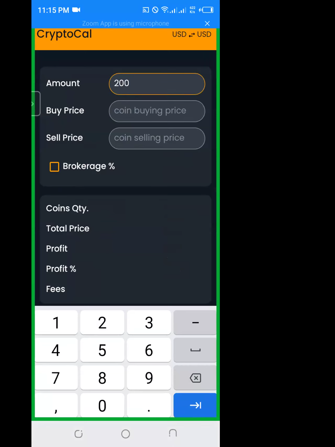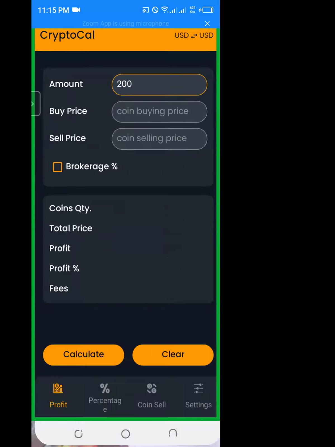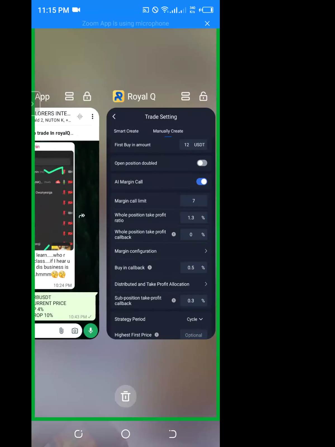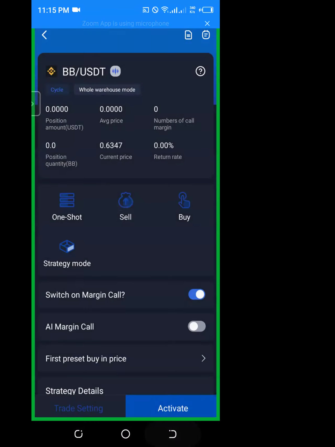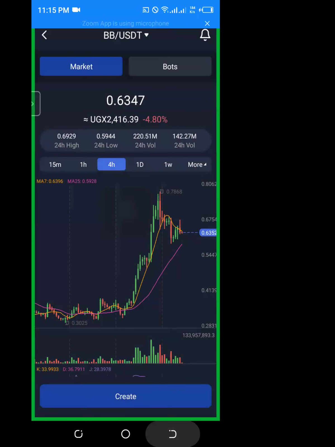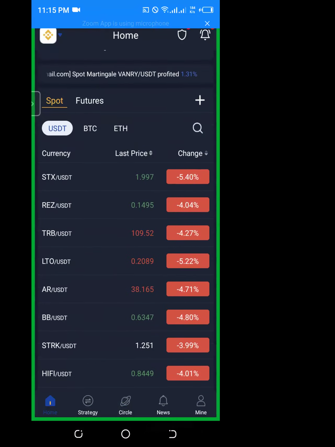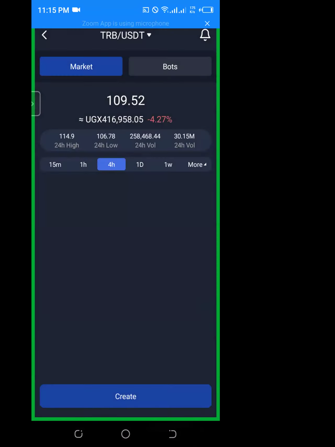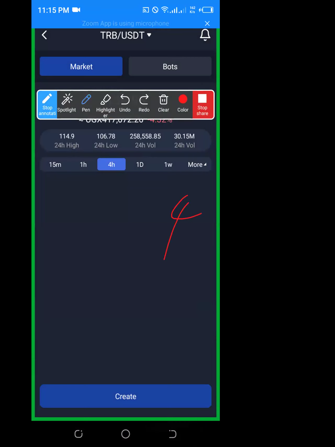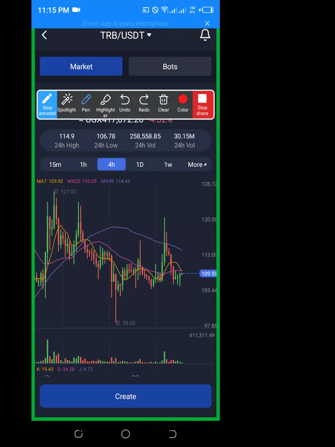Now the buy price is the entry point where I want to enter from. So I come here and go back. Let me give an example of a coin, maybe TRB. I want to enter it at the current price, and I want to exit at this price of 113.